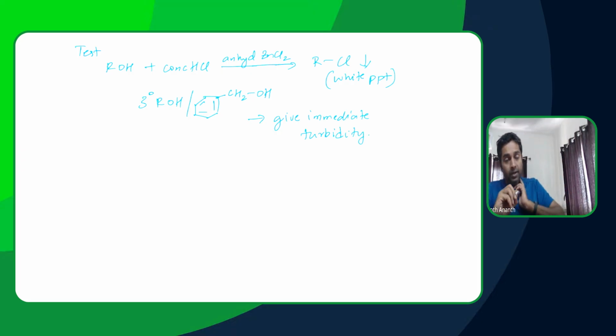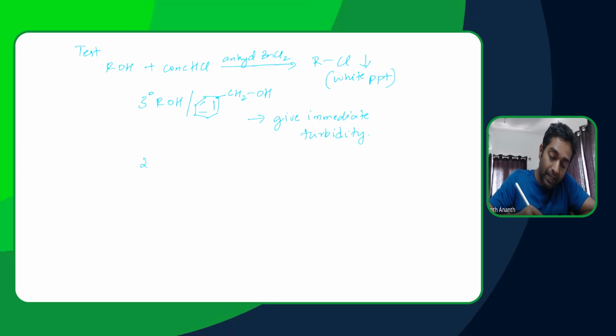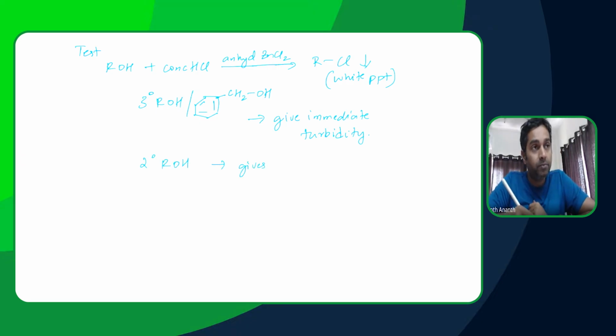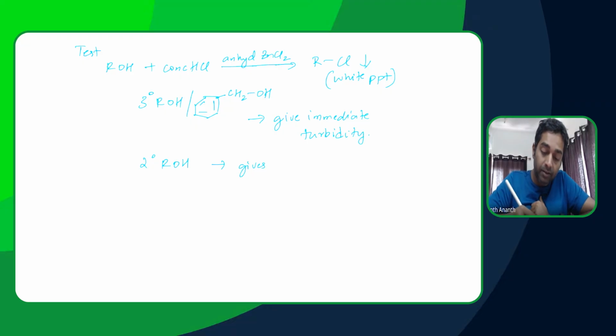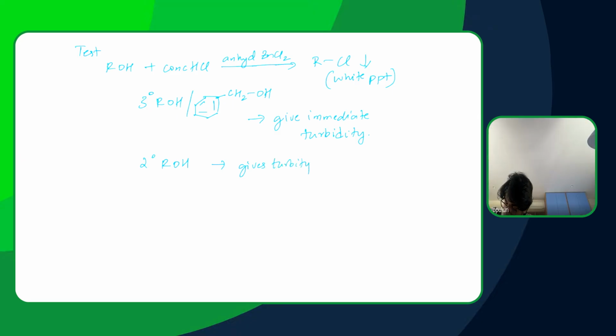Okay. Next up, secondary alcohol. What is the observation? Slower formation of turbidity. Any other observation, or anything else to add there?